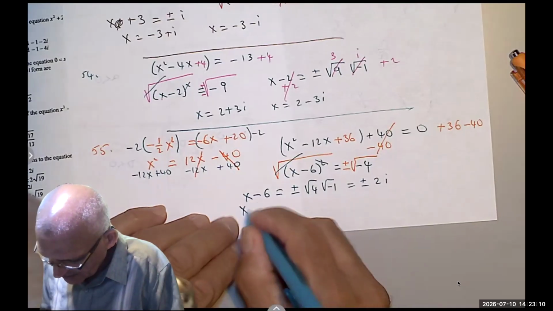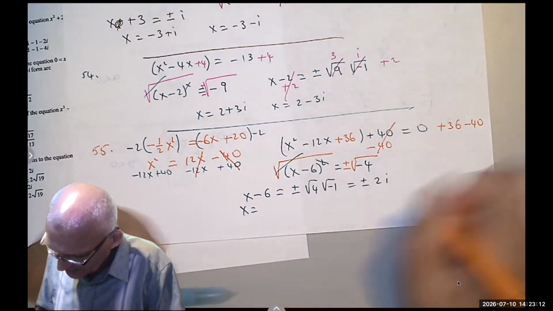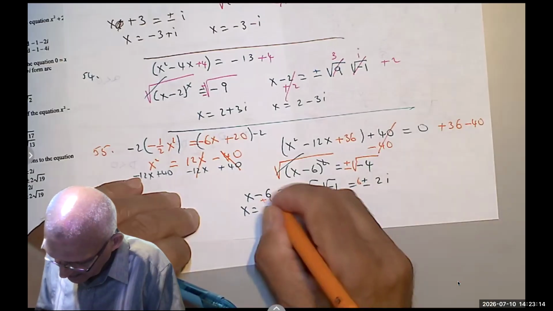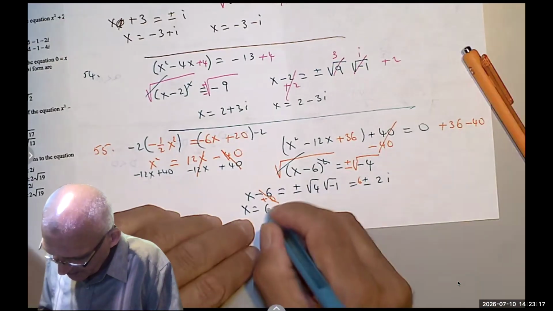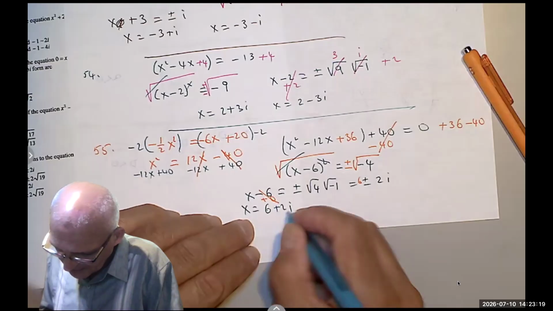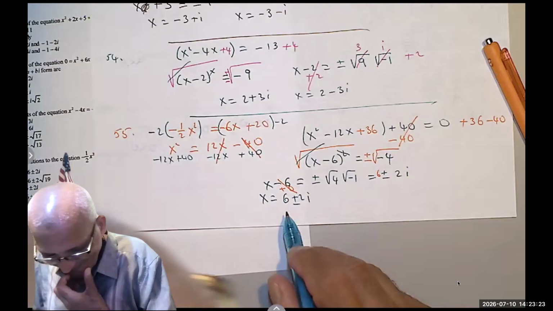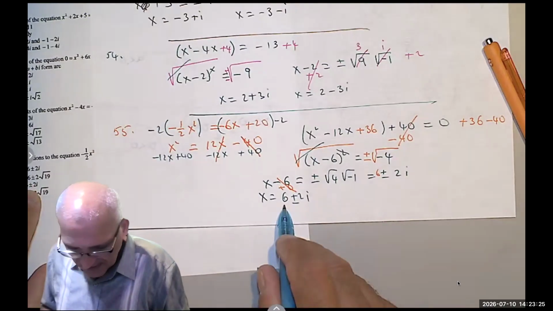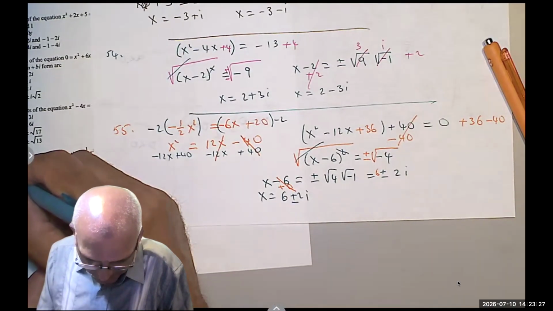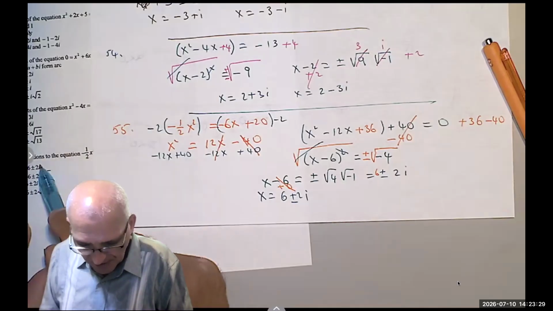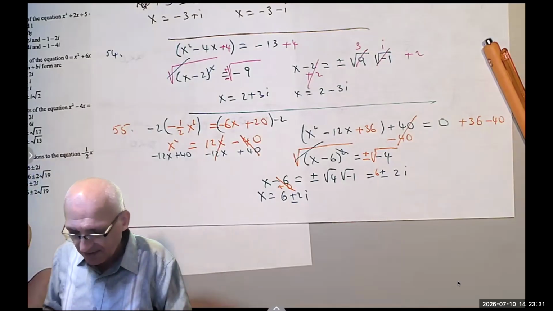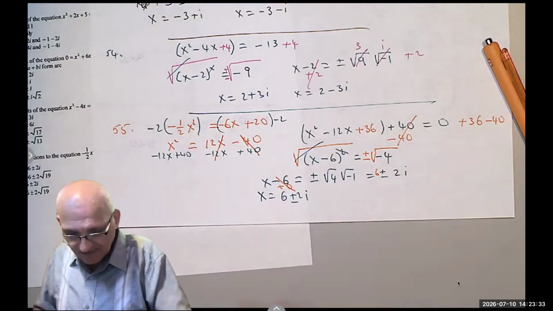So x equals, adding 6 to both sides, 6 plus or minus 2i, right? 6 plus or minus 2i is number 3. Notice that this one is negative 6 plus 2i, but no, I have positive 6.